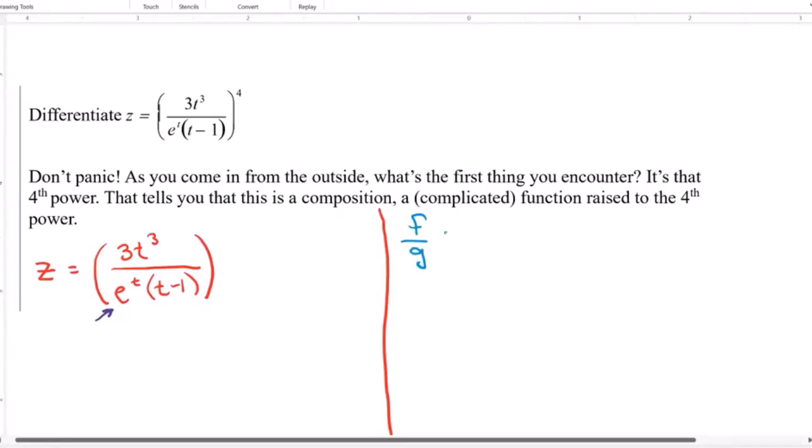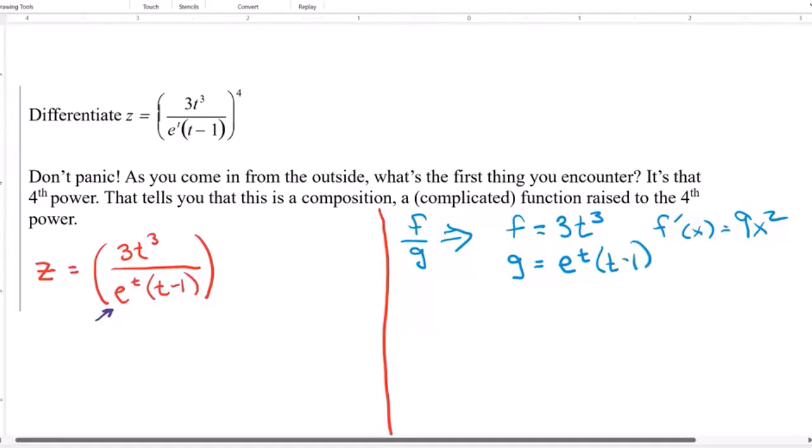So f is equal to 3t to the third, and f prime is pretty easy to find, 9t squared. I have g, which is equal to e to the t times t minus 1. Well, that's a product rule.